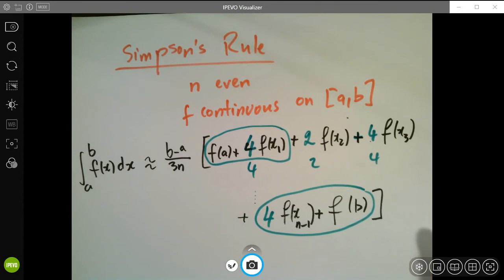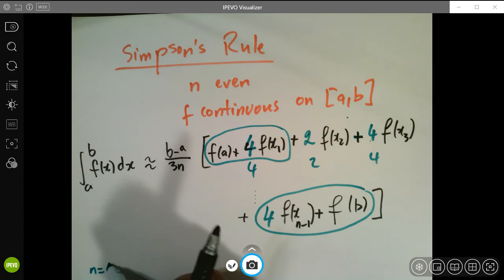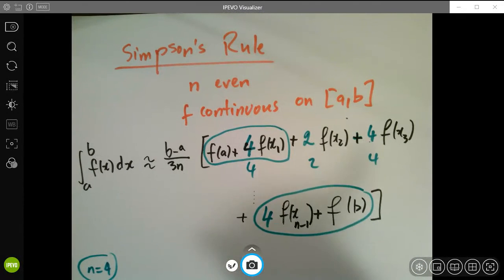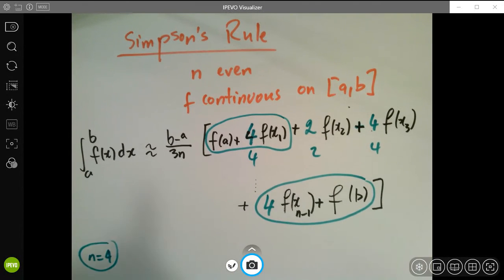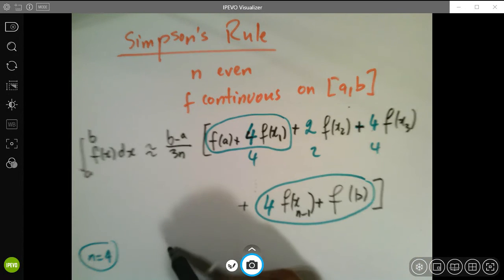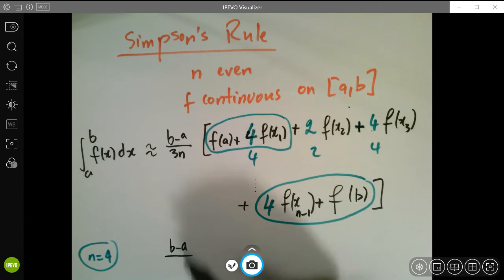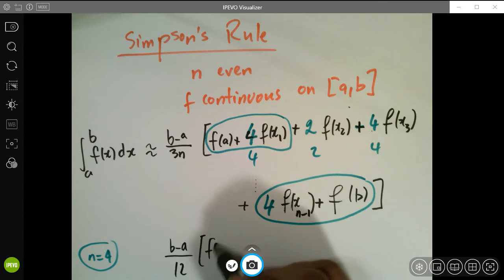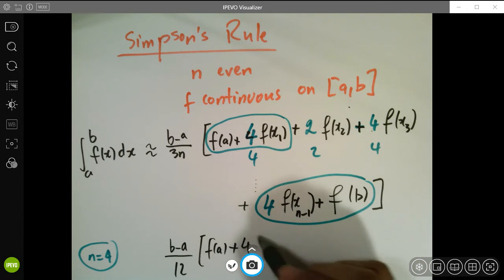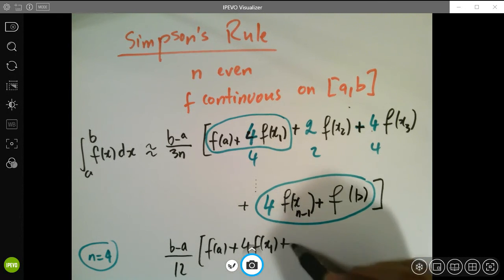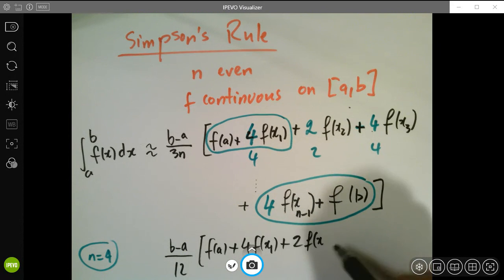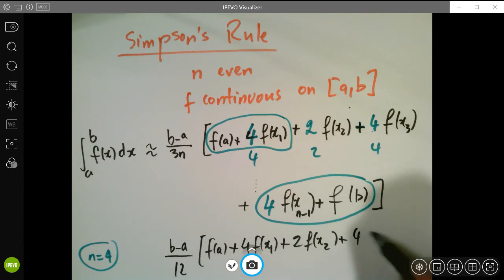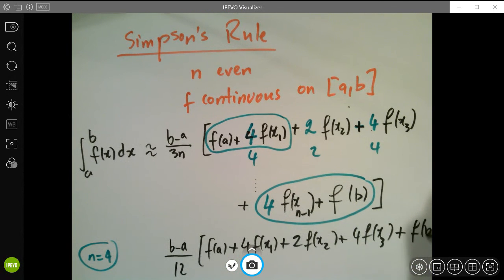Now let's say for n equals 4, for instance, which is the common case, what we will get is b minus a over 3 times 4, which is over 12, times f of a plus 4 f of x1 plus 2 f of x2 plus 4 f of x3, and stop.